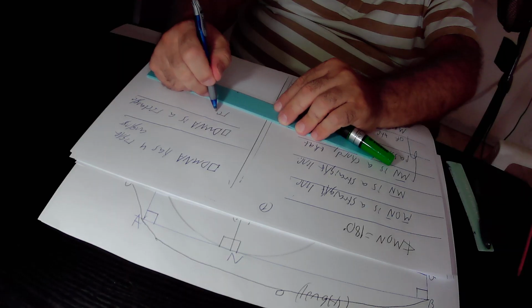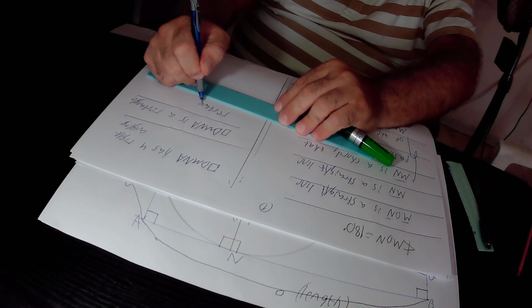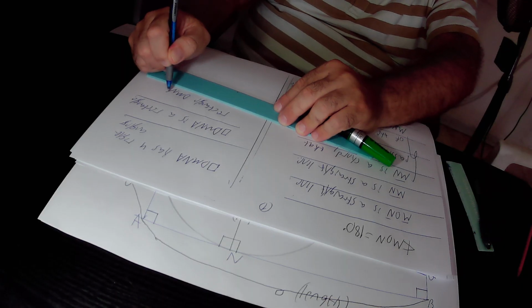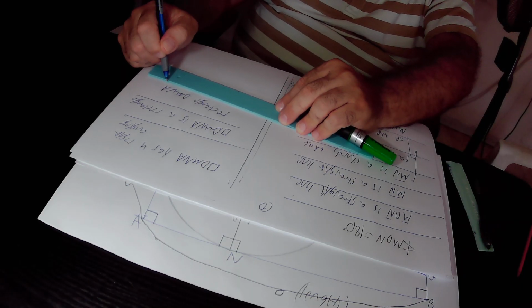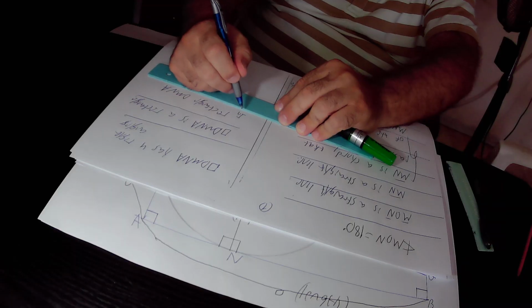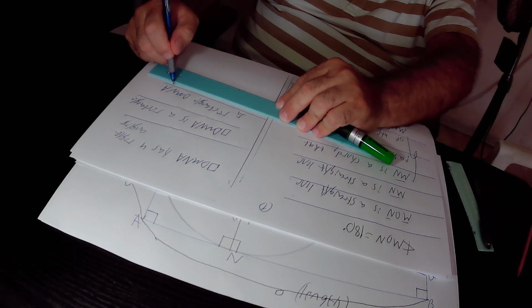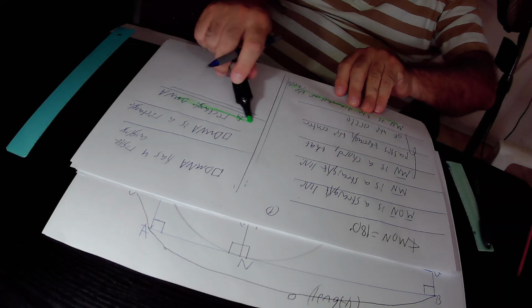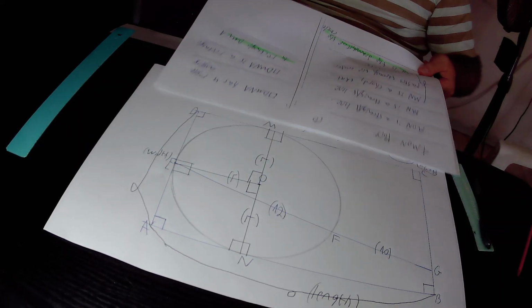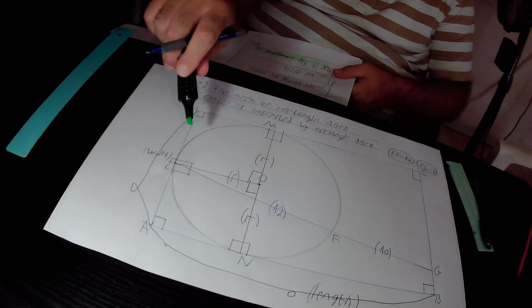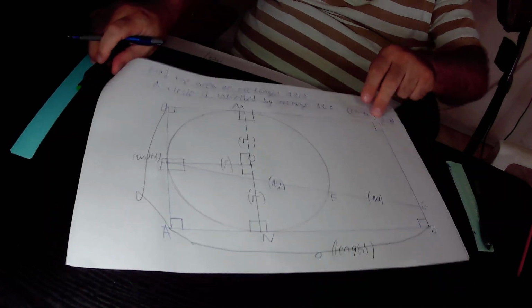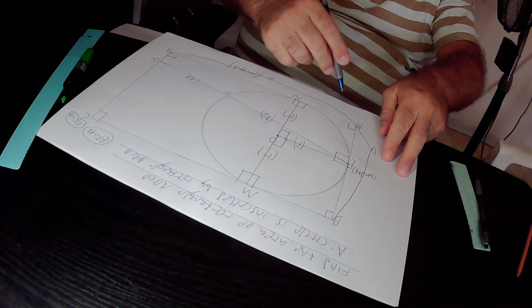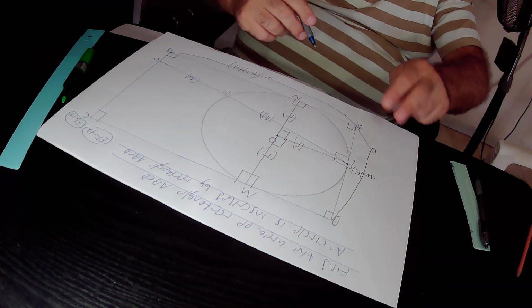So in rectangle DMNA, the opposite sides must be equal to each other. So write it down that the big quadrangle DMNA is a rectangle.